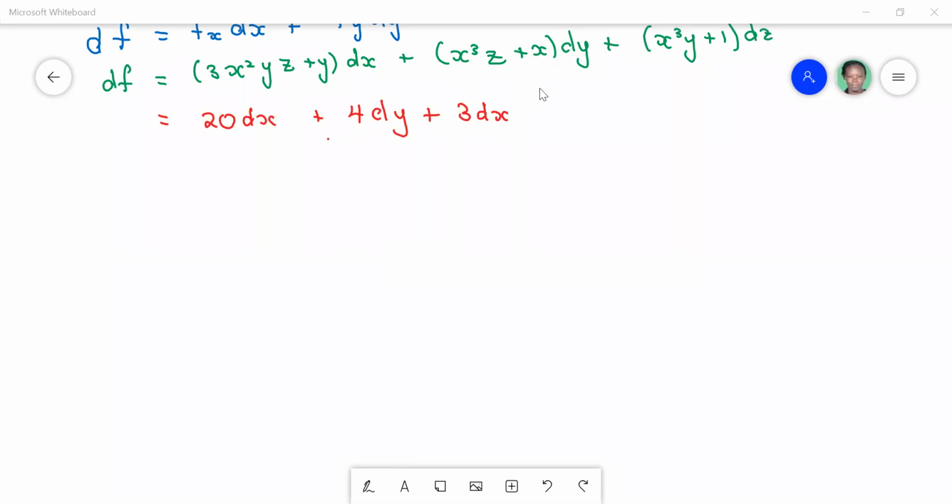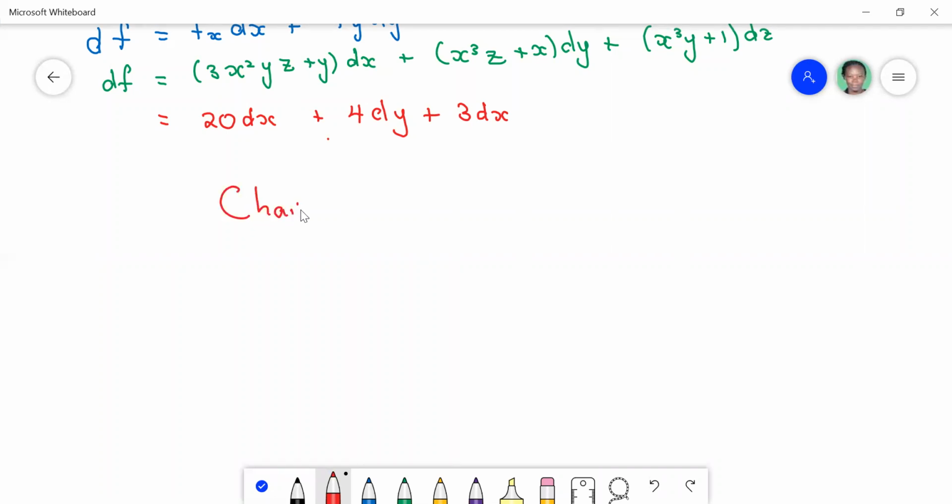But before then, let's look at the chain rule. In last semester, we saw the chain rule. So let's have the chain rule. This is to help us understand the composites we are talking about.